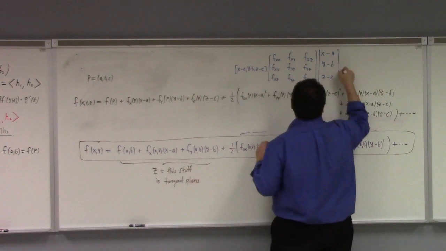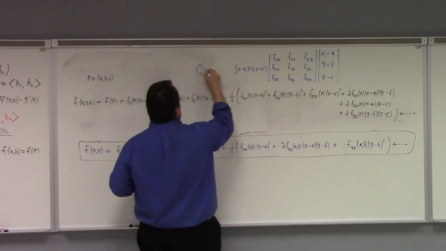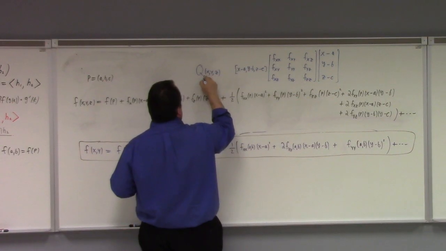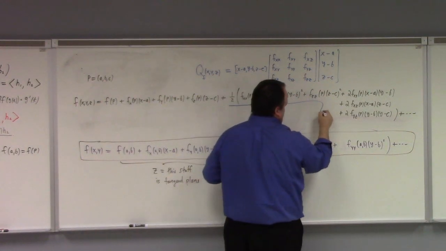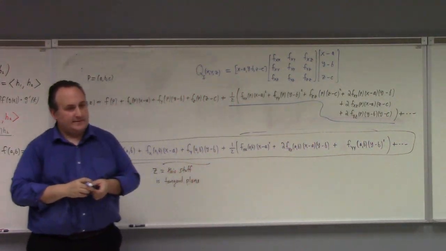This is a way of writing what I would call the quadratic approximation, the quadratic piece in the approximation for f. All of this right here can be written like that.